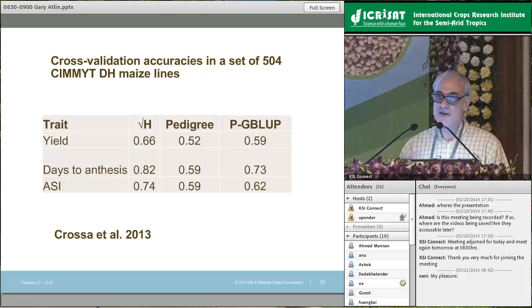For applications of genomic selection within populations that rely only on Mendelian sampling, we are looking at accuracies.